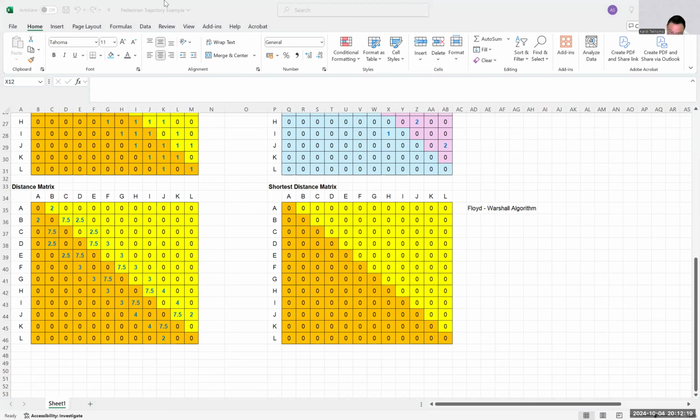For the path. Yeah. So let's try. I forgot, so I'm not sure if that path represents the number of links or actually the distance here. But you can try. Okay. Yeah. The shortest distance matrix is this one, basically.